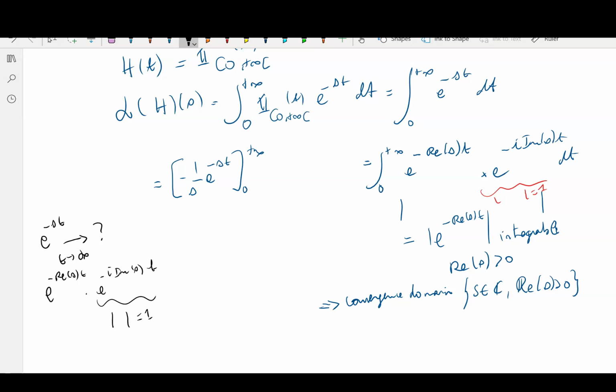And so in terms of modulus, that's equal to 1 and therefore bounded, and the other factor is going to go to 0 as t tends to infinity if the real value of s is strictly greater than 0. So that's 0 at infinity. The value at 0 is minus 1 over s exponential of 0, so that's just 1 over s.